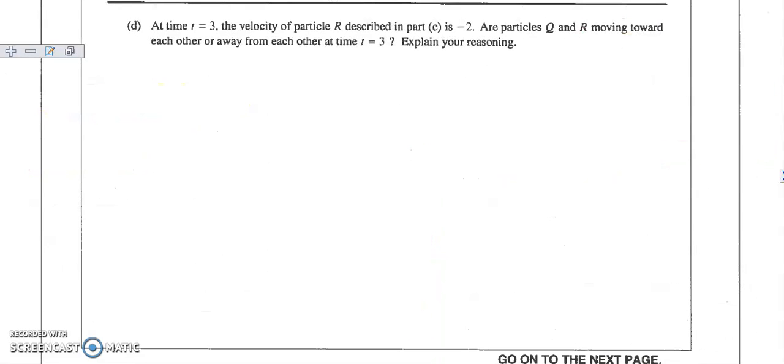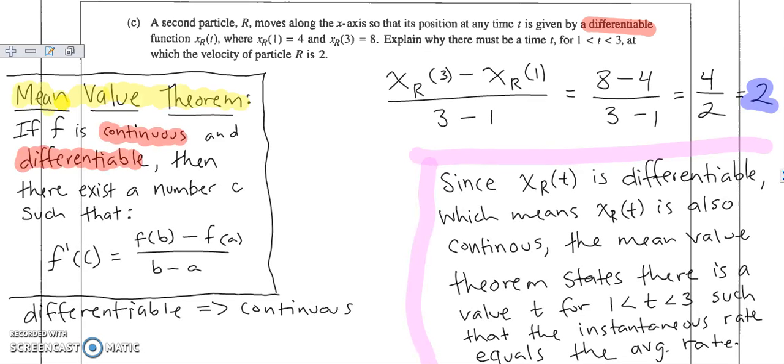Alright, so for part D, we pretty much have to go back and gather some information about particles Q and R to determine whether these two particles are moving towards each other or away from each other. And we're going to start off by considering where they are at t equals 3. So what's their position at t equals 3? If you remember, in part C they tell us that particle R's position at t equals 3 is 8.